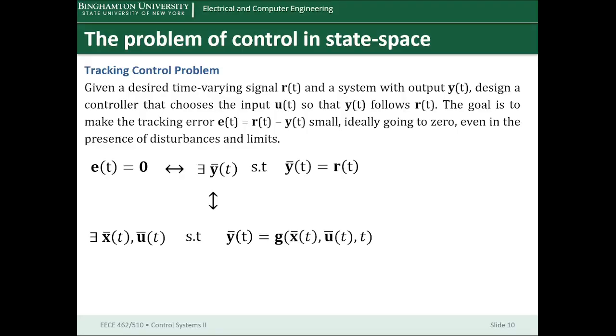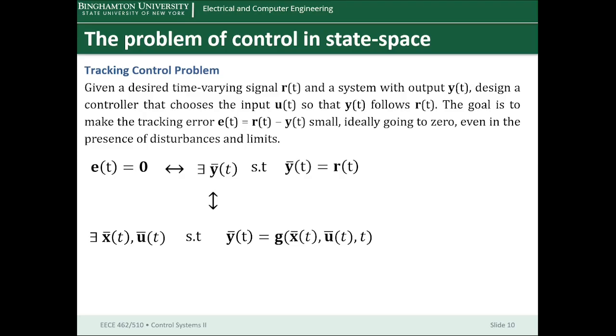We will not discuss how to design the nominal state and input in this course. This is the subject of trajectory design, and it's a complete course in each field of engineering. We only assume in this course we have the result of trajectory design.